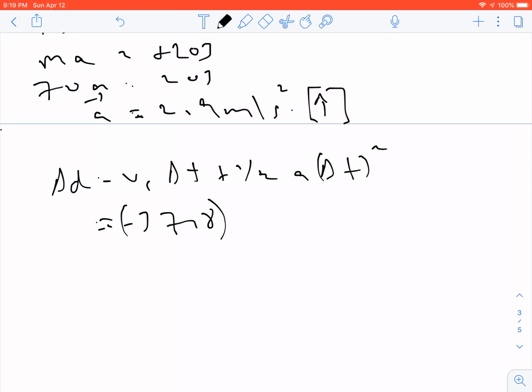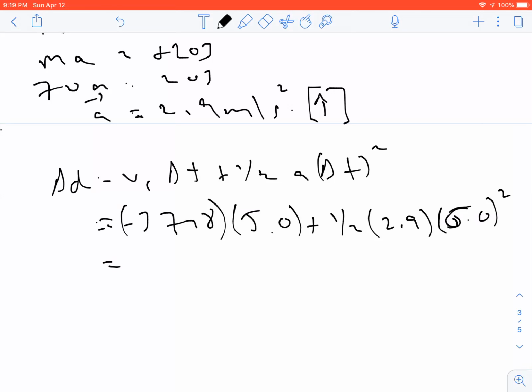She's going to experience 5 seconds of this slowing down, plus 1/2 of her acceleration, which was plus 2.9 meters per second squared, times the time that she is slowing down, which is 5 seconds squared, and I'm getting a delta D of negative 153 meters, which makes sense because she's actually going to travel 153 meters down in the time that it takes for her to lose that speed.